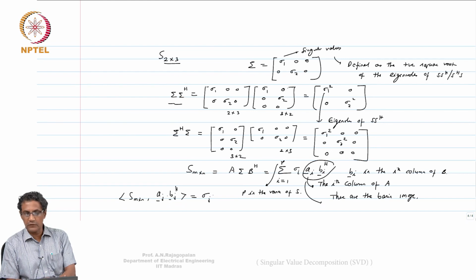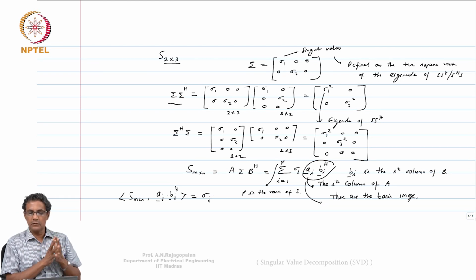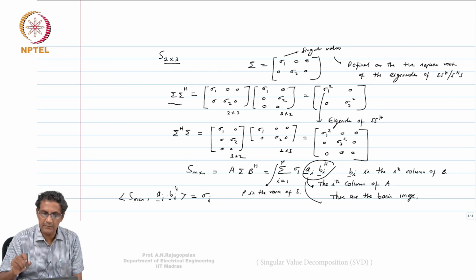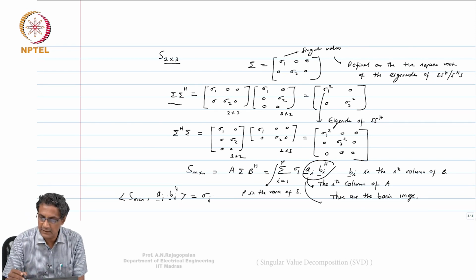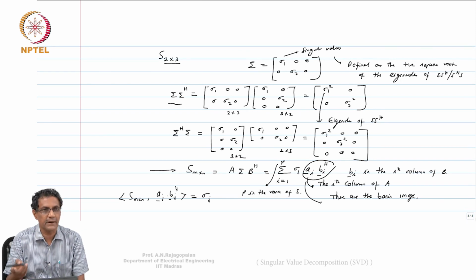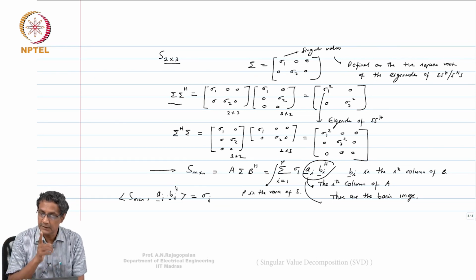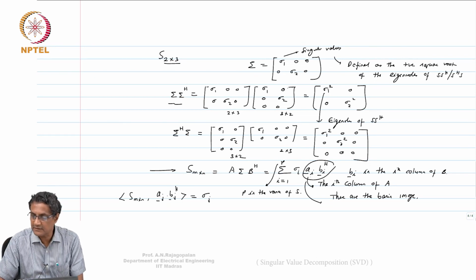This follows the same thing. Now, if you look upon it as an image expansion problem, and if you look at S as an image, in this case it's actually a rectangular image, like M cross N. That image can now be expanded in terms of the basis images that you obtain by doing A i B i Hermitian.